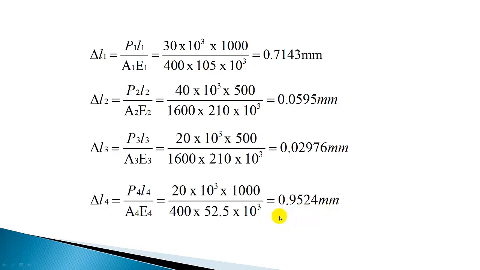Now summing up all these 4 deformations, all are tensile forces, so tensile stresses are induced, and correspondingly we got an increase in length in all. So we can add all these, which will give the total change in length.